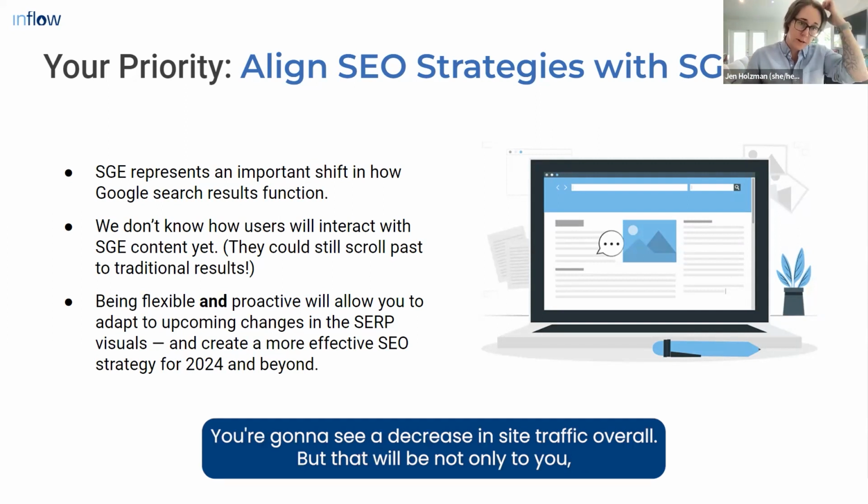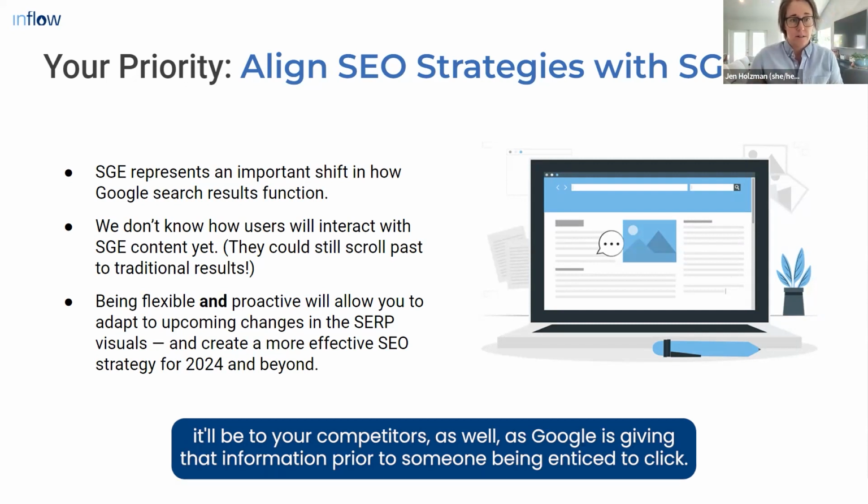You're going to see a decrease in site traffic overall, but that will be not only to you, it'll be to your competitors as well, as Google is giving that information prior to someone being enticed to click. So these are things to think about as you're moving forward into 2024 planning.